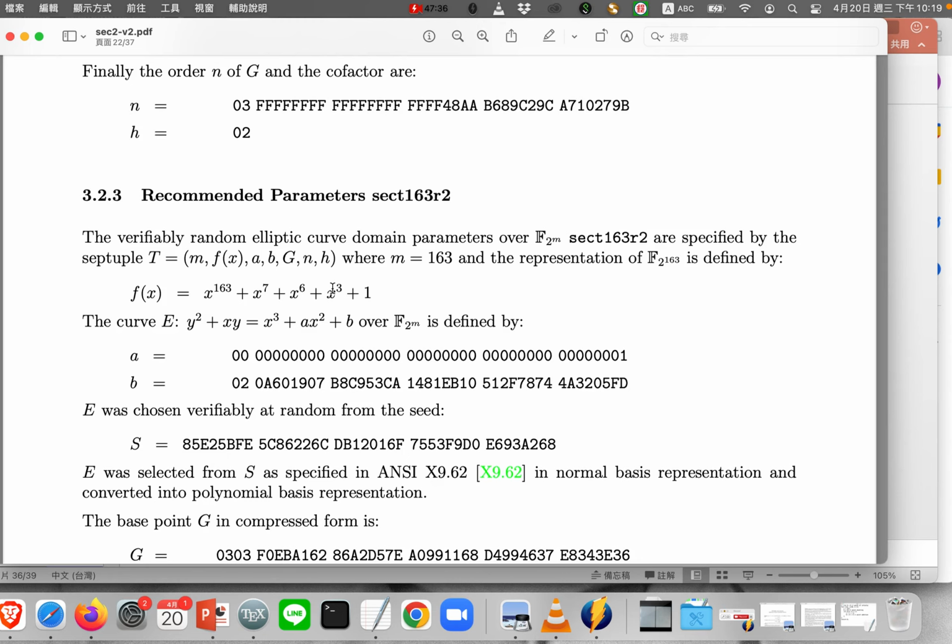We have a formula for solving ax squared plus bx plus c equal to 0. The problem is the denominator is 2a, 2 times a. If you're working in binary fields, that's essentially dividing by 0, just like the point doubling formula we introduced earlier on binary fields. That's the same thing. So we cannot do that.